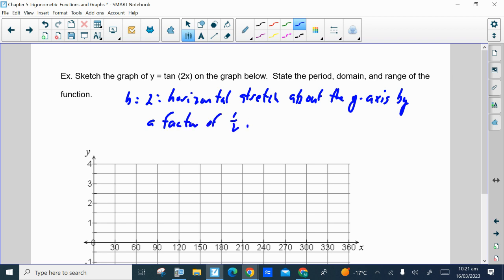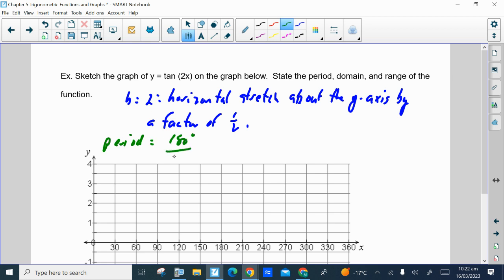Remember the horizontal stretch factor compared to the b value, they are reciprocals of each other. So that's going to change the period. Our period will now be half of what it was before.